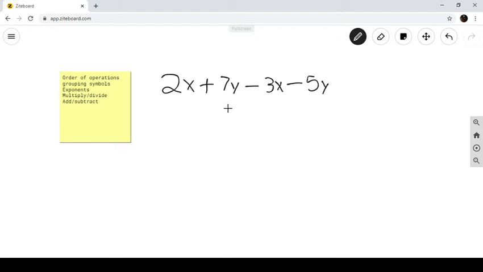So 2x minus 3x is negative 1x. Or you could just call that negative x. You don't need the 1 out in front. Same way, 7y and a negative 5y, we can combine those together as well to get a total for how many y's we have. So 7y minus 5y, and that leaves us with 2y.